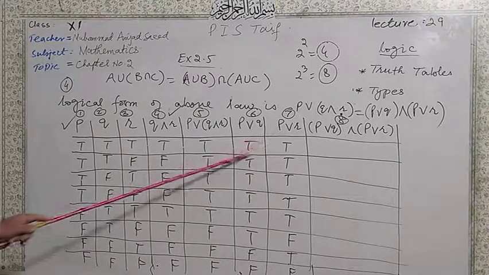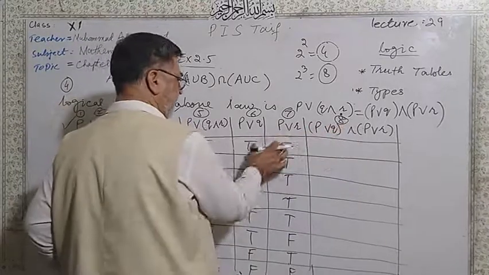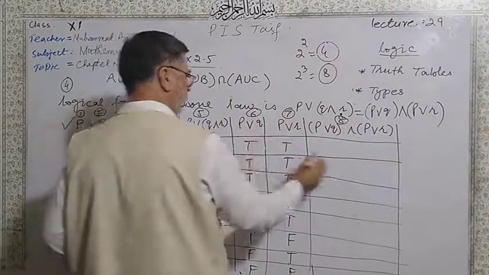Okay, these are and. And means intersection in both. An intersection must be present in both.